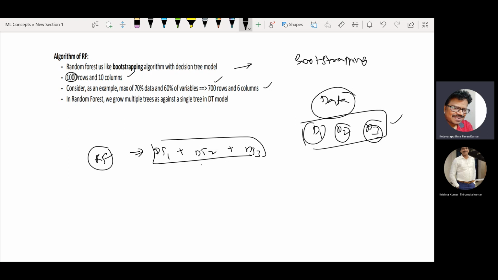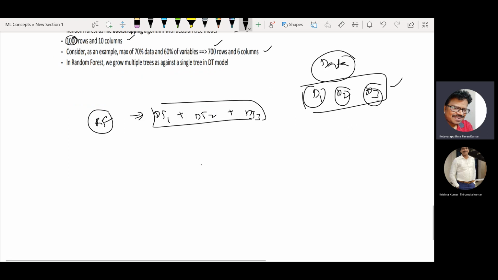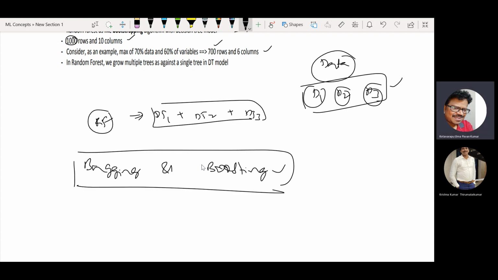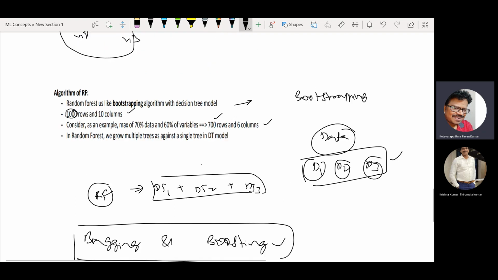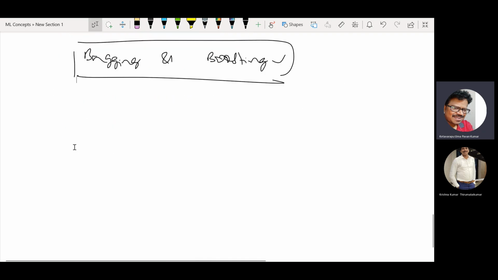And there is one more concept, called bagging, as well as boosting, guys. Bagging and boosting are two ensemble kinds of methods.